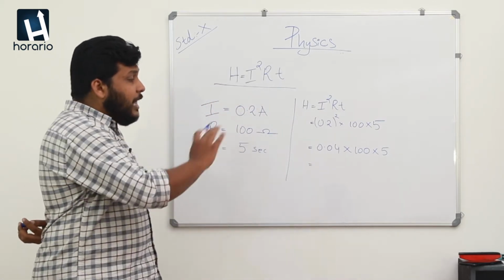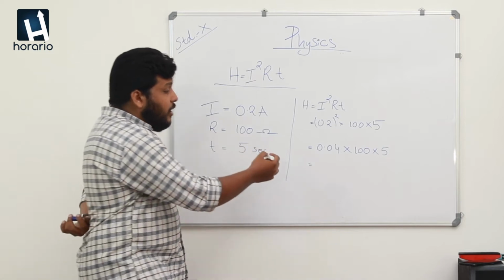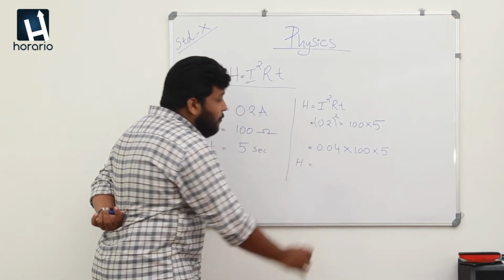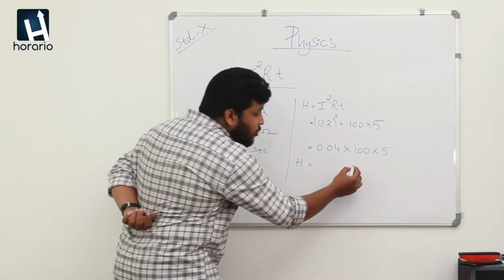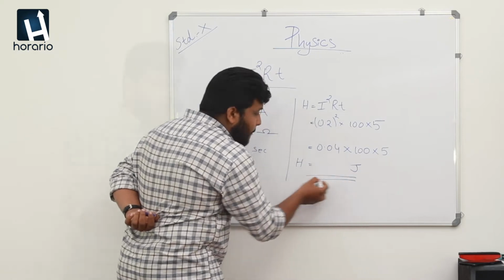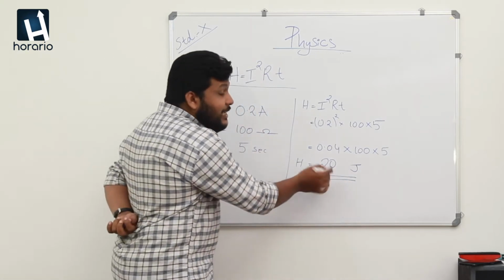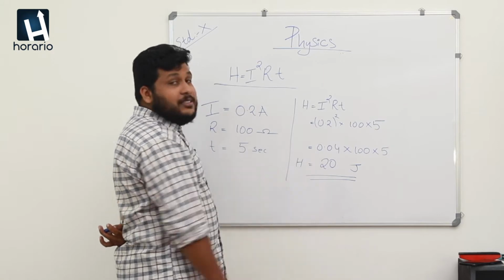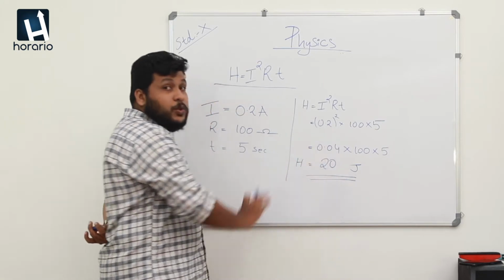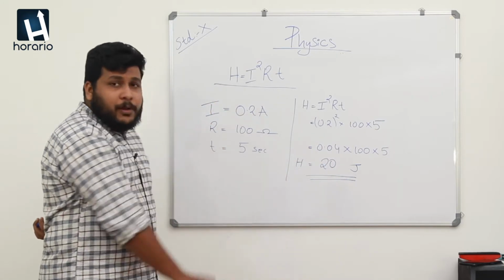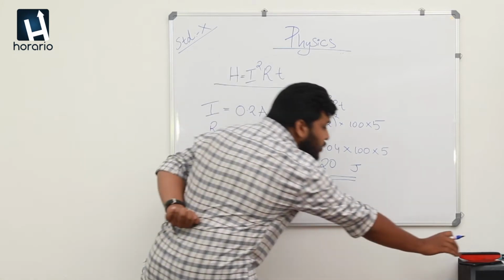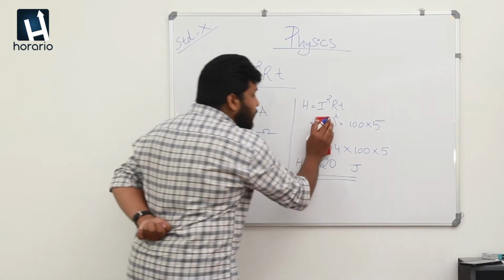So you make the calculation and write how much heat energy will be produced in Joule. So the heat energy produced in this circuit will be 20 Joule. So this is a simple problem and we are making a small difference here.